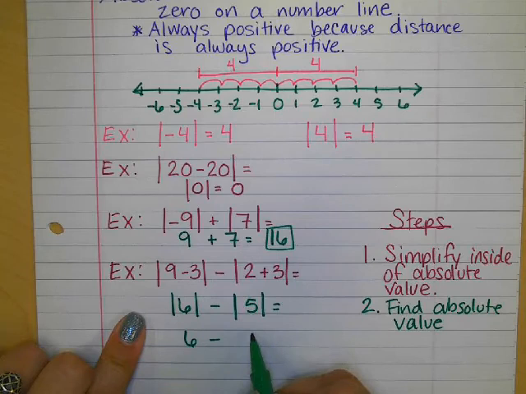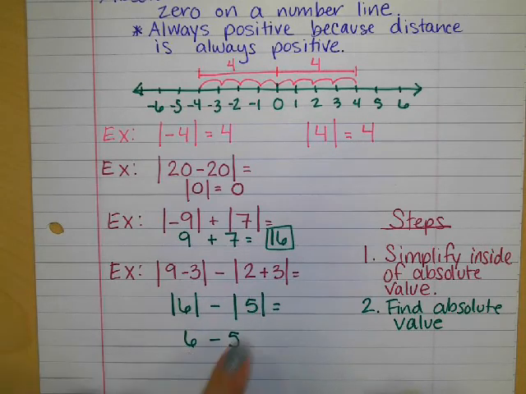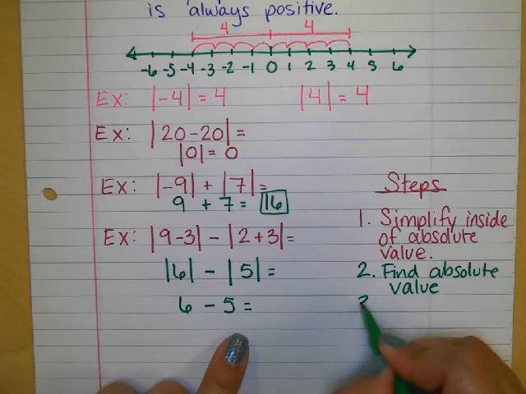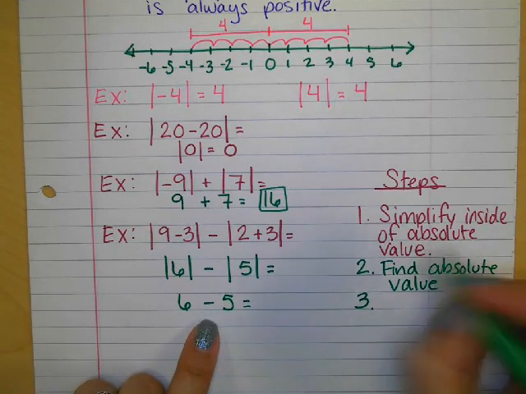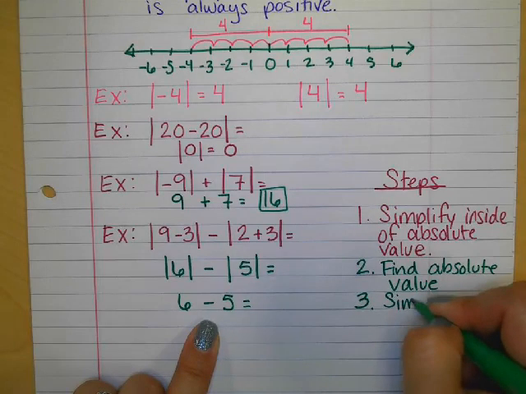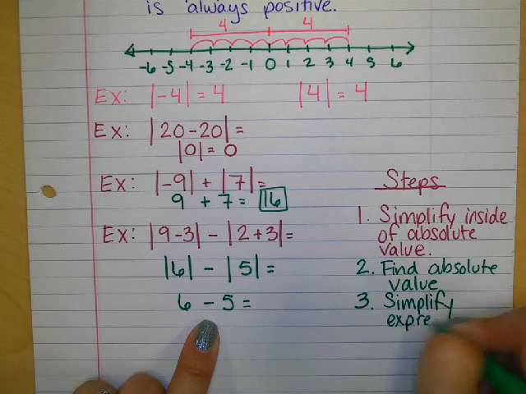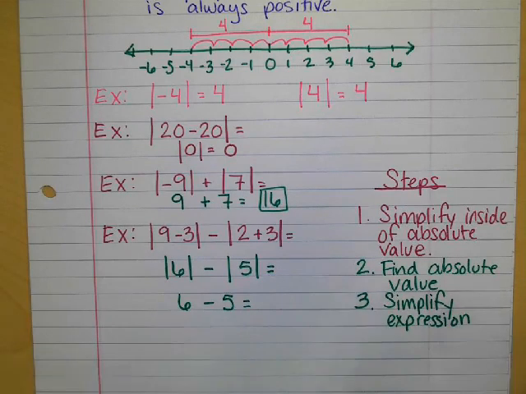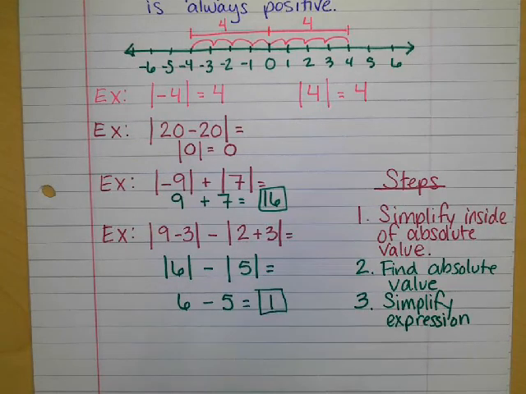The absolute value of 5 is just 5. It's that distance from 0 to 6 is 6. The distance from 0 to 5 is 5. Then our last step, step 3, is just to add or subtract or just simplify the expression. So 6 minus 5 is just 1. So my final answer is 1.